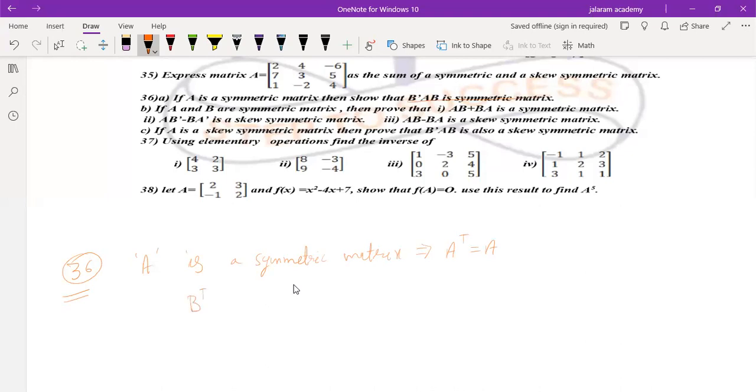So how to prove that B transpose AB is a symmetric matrix? If we find the transpose of B transpose AB, it will be equal to the same B transpose AB.